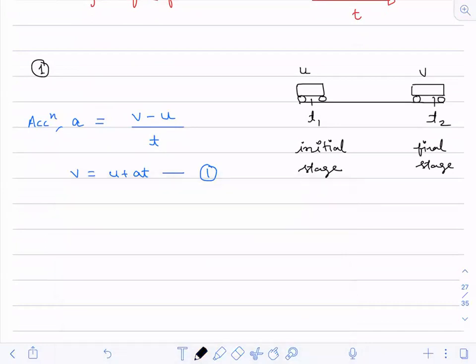Second, now we have to calculate the distance.